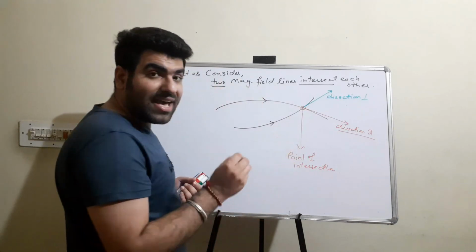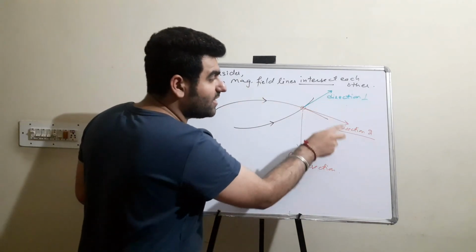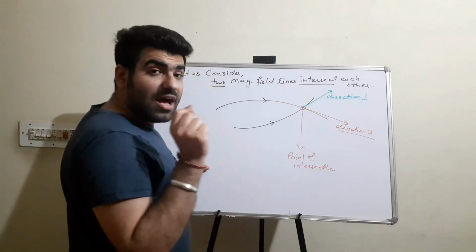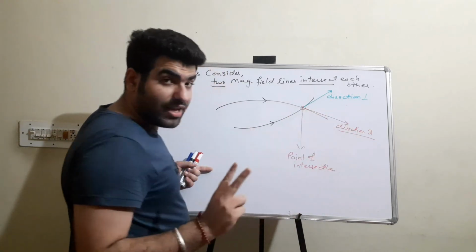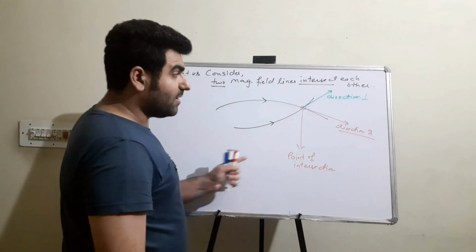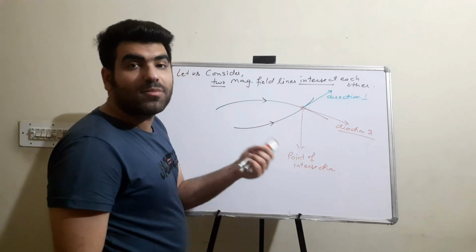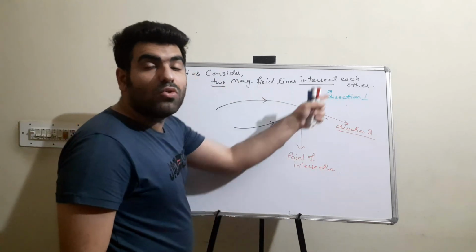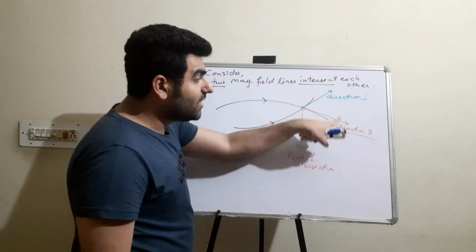At the same instant, it cannot be possible that a magnetic field gives two directions, because at one instant of time it is not possible for a quantity to move in two different directions. So this is wrong.